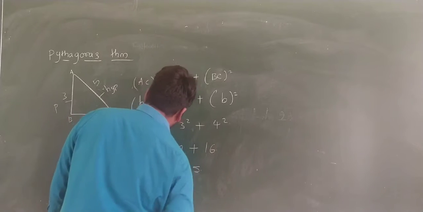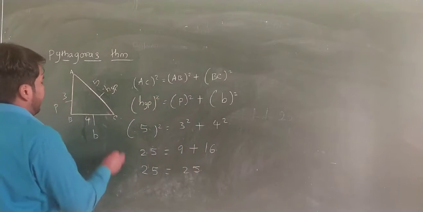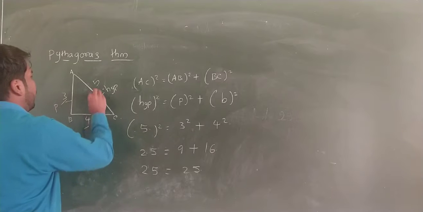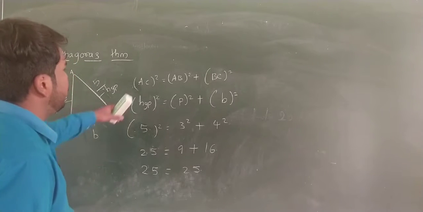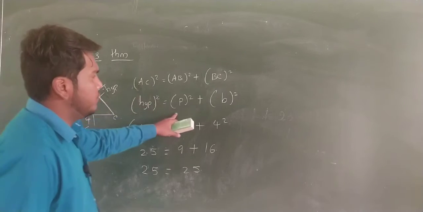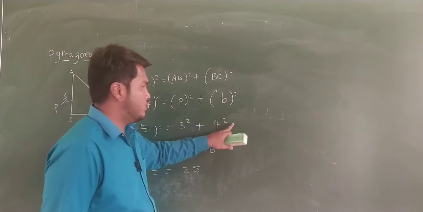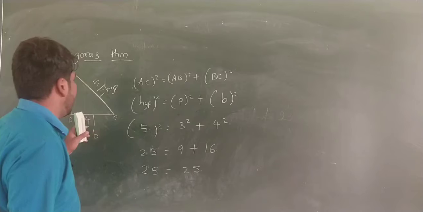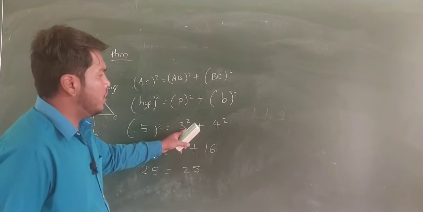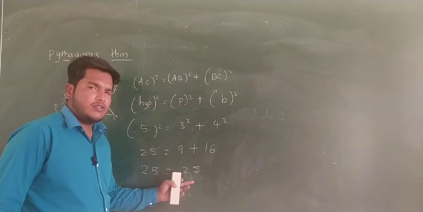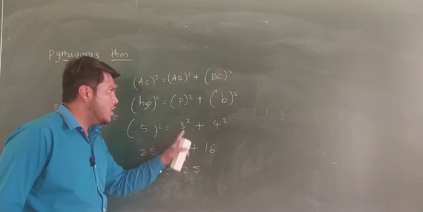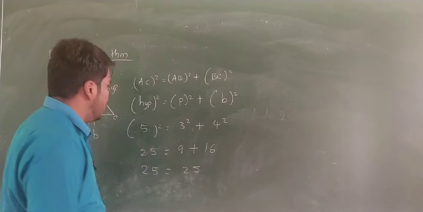If LHS is equal to RHS, then we can say 3, 4, 5 are Pythagorean triplets. We just have to use this property: hypotenuse square is equal to the sum of the squares of the other two sides.